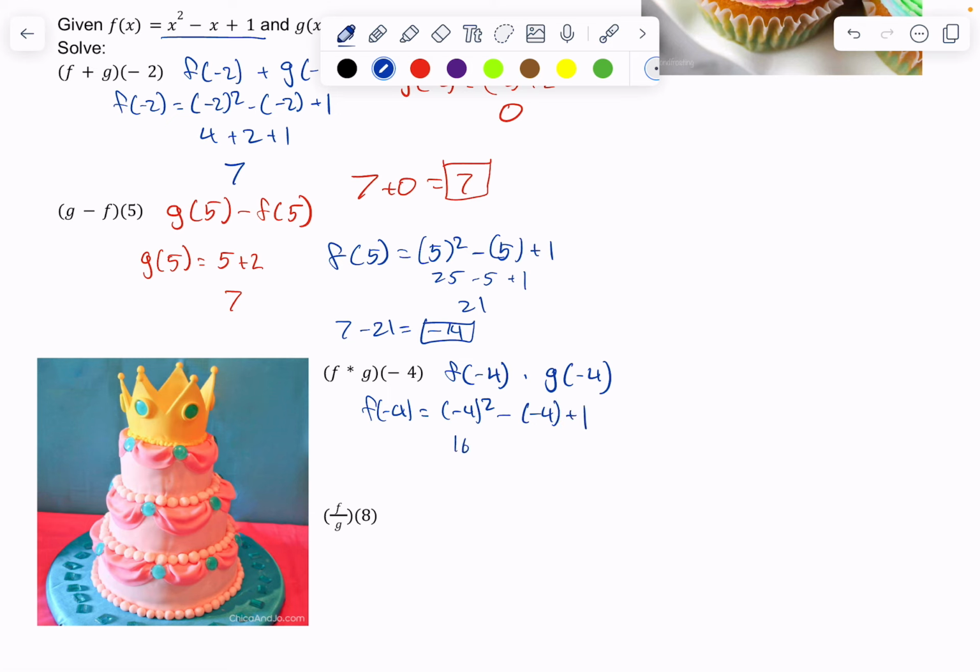That gives me 16 plus, negative negative is a plus, 4 plus 1. Gives me 21. Man, I'm getting a lot of 7s and a lot of 21s, but bear with it.